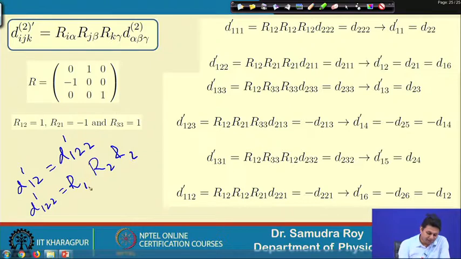Again we find that as soon as I put R1 here, only for non-zero components, I need to put R2, because R12 is only 1, other terms are 0. When I put R2 here, then we find that 2 1 is a component which is non-zero. So, I have to put 1 1 here, and here again I need to put R2 1 here, so that here this is 2 1 1.